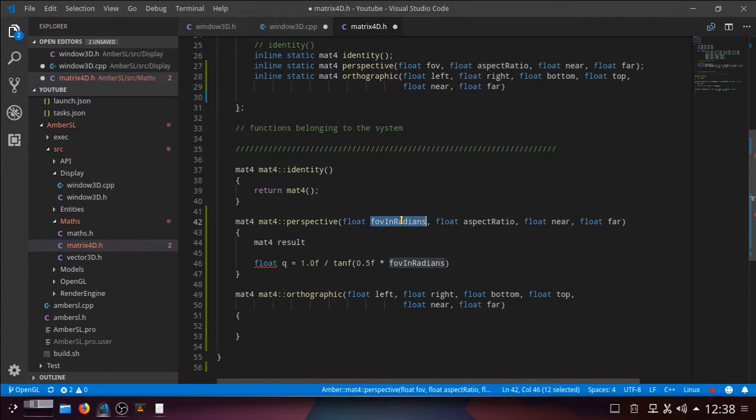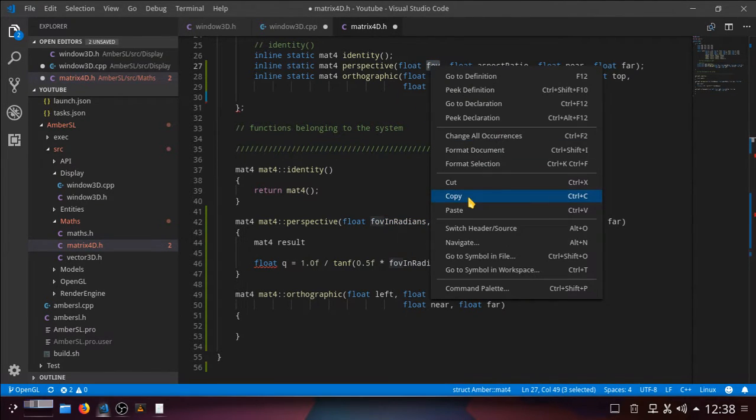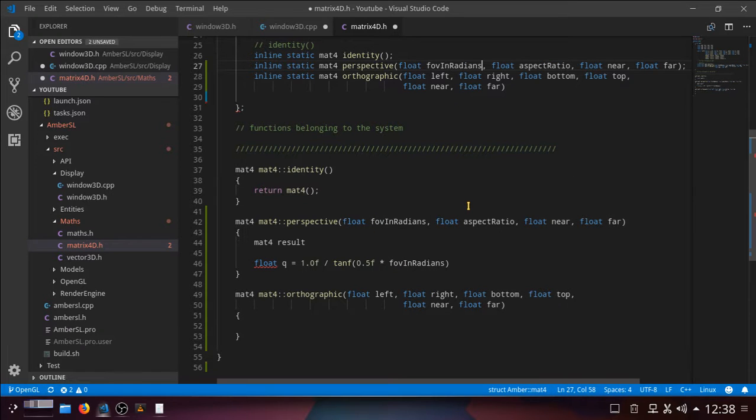Yeah, because it could have been in degrees and you wouldn't have known. So that is not very helpful doing it just like that. So yeah, I'll have that in radians, please. So that's Q, tangent of half of the field of view in radians.